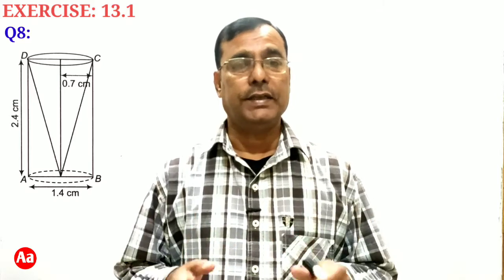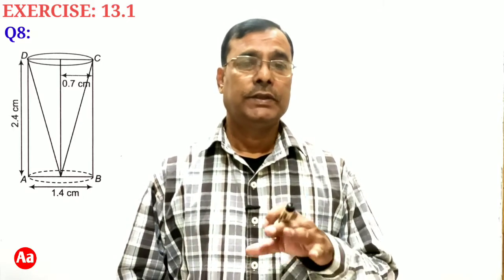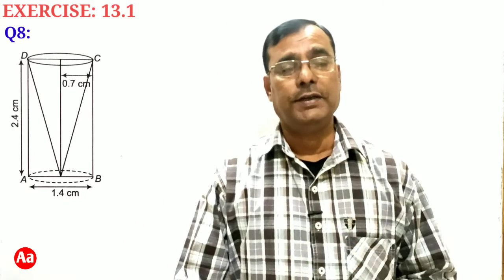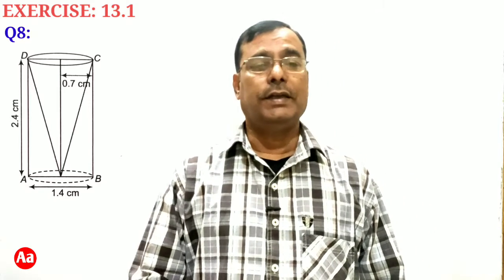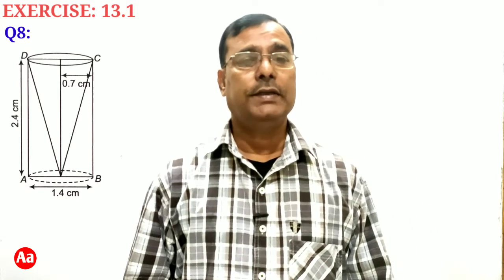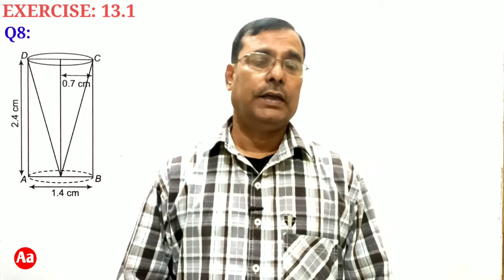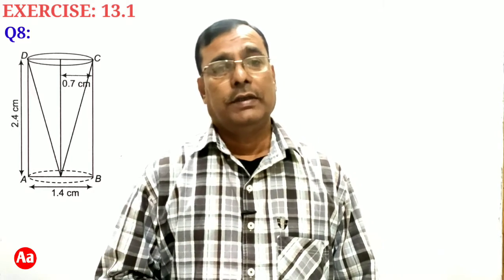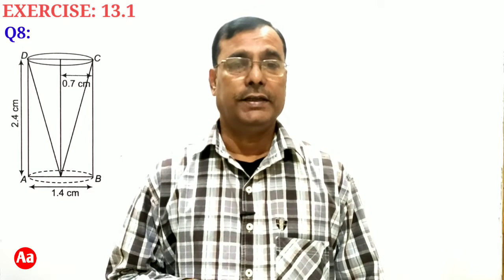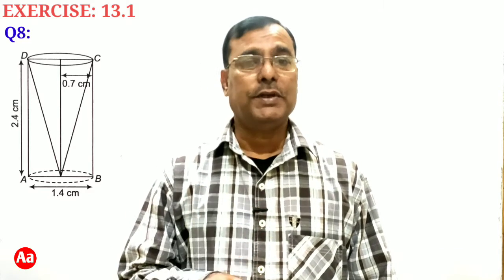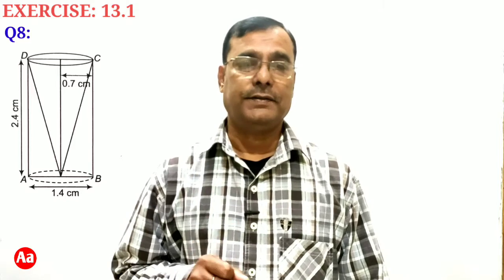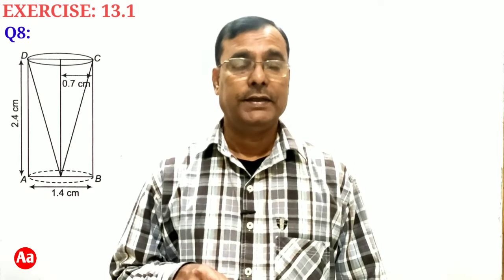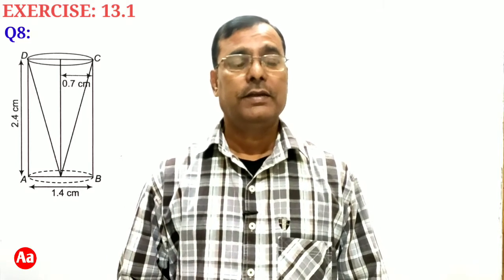In this question, there is a solid cylinder of height 2.4 centimeter and diameter 1.4 centimeter. A conical cavity is hollowed out from the solid cylinder of the same diameter and same height. We have to find the area of the remaining solid.